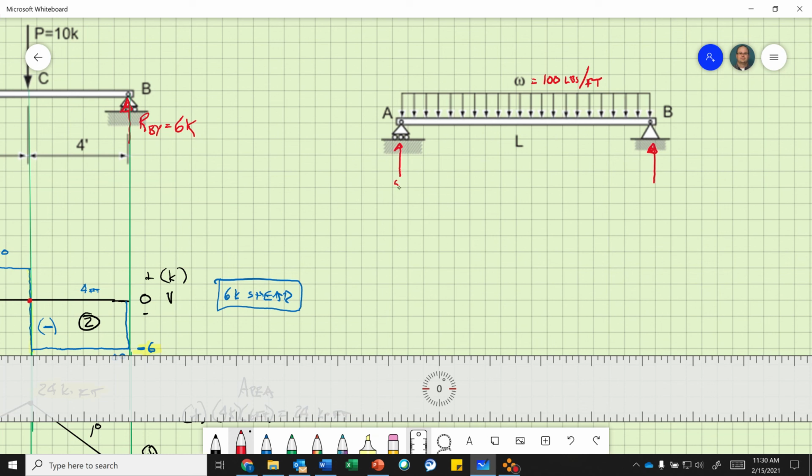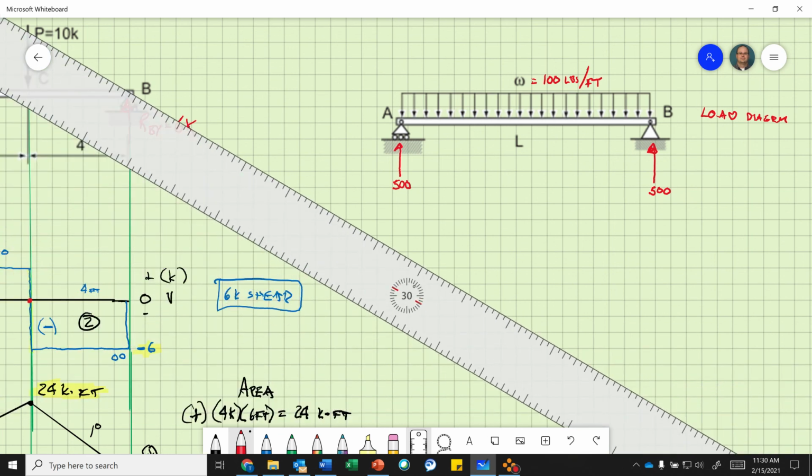So we know this is 500 pounds because we solved it before. Remember, you solved the reactions. All right. So that is the load diagram.